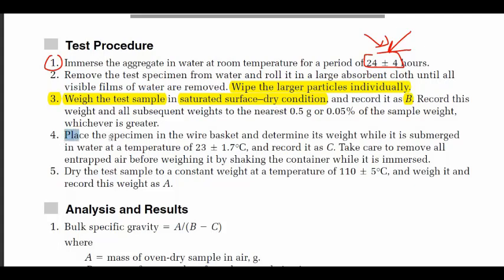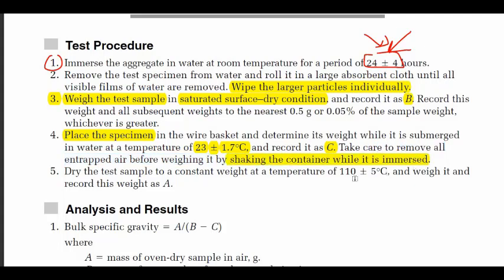Number 4, place the specimen in the wire basket and determine its weight while it is submerged in water at a temperature of 23 plus or minus 1.7 Celsius and record it as C. So this is the sample with water. Then take care to remove all entrapped air before weighing it by shaking the container while it is immersed.